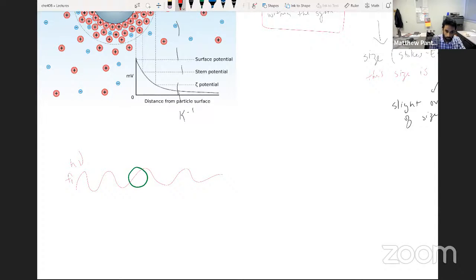So if it's not moving on average, it will scatter some light, and this light will have the same frequency as the incoming light.